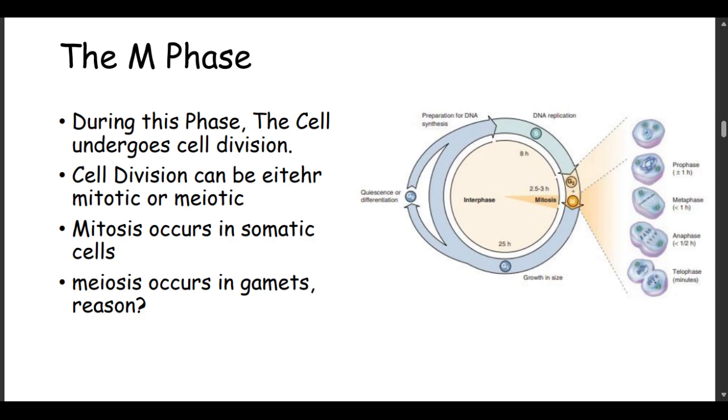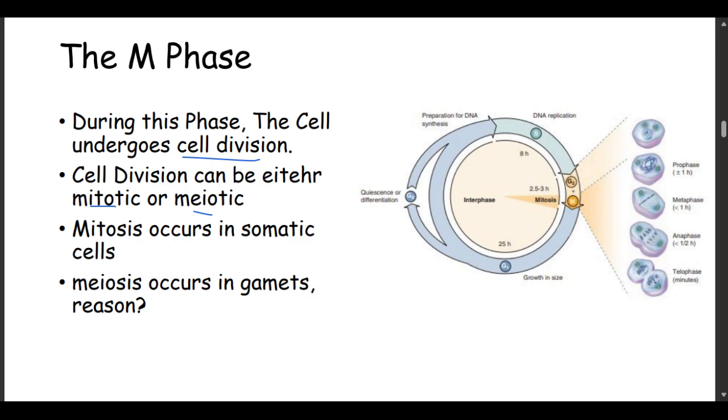So during this phase, the cell will undergo what is known as cell division, and the cell division can be either mitotic or meiotic. Mitosis occurs in somatic cells, and meiosis will occur in gametes. So what's the difference? Somatic cells are all of the cells in the body except the sex cells.